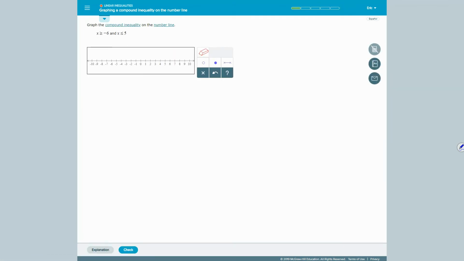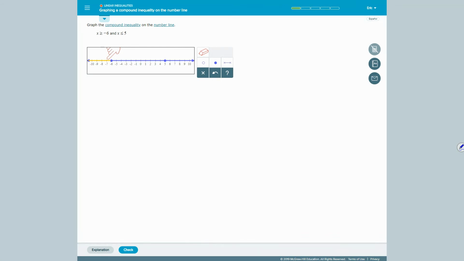In this case, we're saying x is greater than or equal to -6 and x is less than or equal to 5. So, again, they're both or equal to, so I'm going to use solid dots. -6 greater than or equal to, 5 less than or equal to. Now, so far my entire line is shown, but that's not going to be my answer.